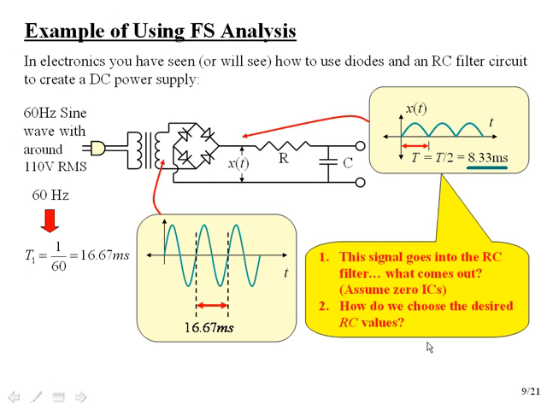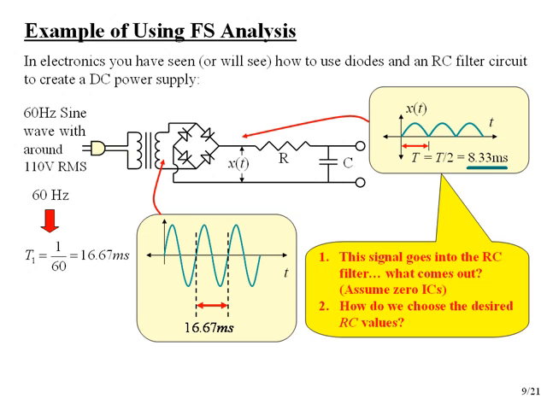So this is the signal that goes into this RC filter, and we ultimately want to figure out what comes out. We're just going to assume that this has 0 initial conditions. If it didn't, we could figure out the initial conditions. But remember, we've already seen that when systems have initial conditions, good systems, stable systems is what we call them, the response to the initial conditions dies away.